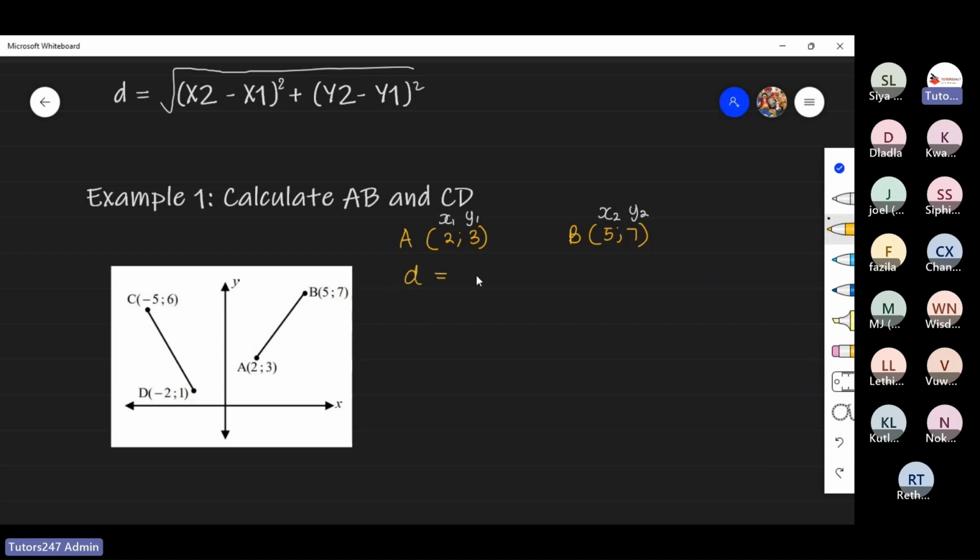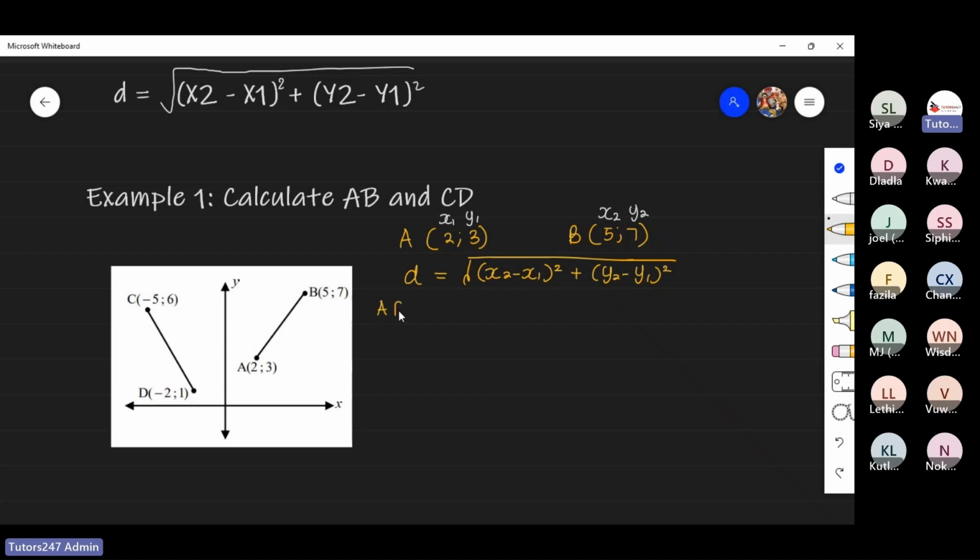Our distance formula is the square root of x2 minus x1 all squared plus y2 minus y1 all squared. Now, the distance that we are calculating is the distance from point A until point B, that is AB. So in place of D, we can substitute AB.